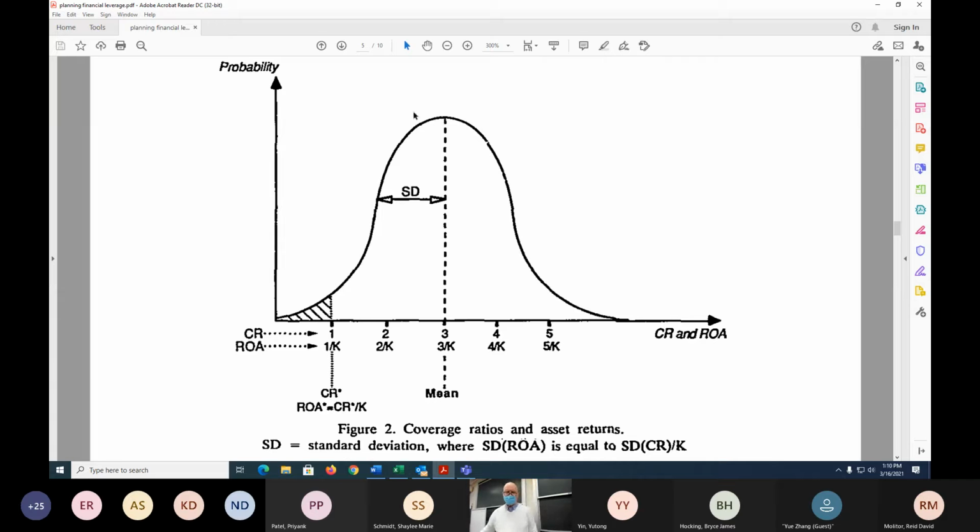So what you want to know on this graph is, for example, for coverage ratio 1, I want to know this distance from here to here. That's what I have to tell the statistical function. What's this distance? And you have to tell it in terms of how many standard deviations it is. How many standard deviations is it from here to here? That's what we just did.